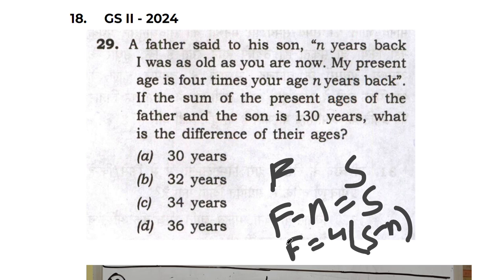So the father's present age is equal to 4 times the son's age n years back. So we get two equations, equation 1 and equation 2. Yes or no? And they have also given that f plus s, the sum of both their ages, is 130 now. So what is the difference they are asking?